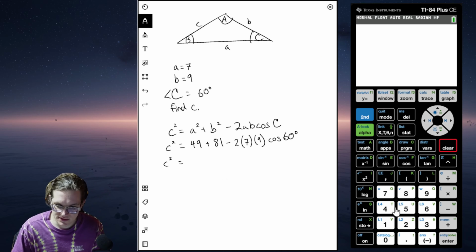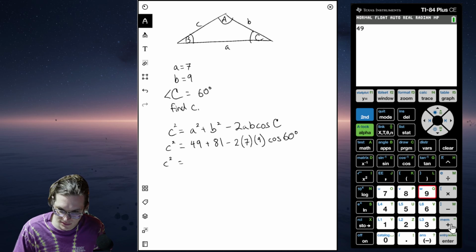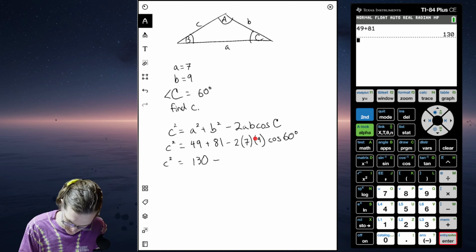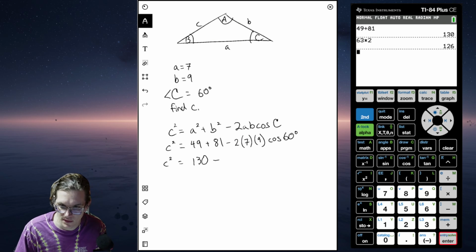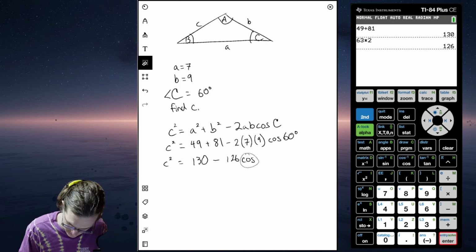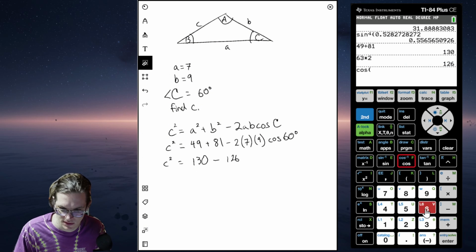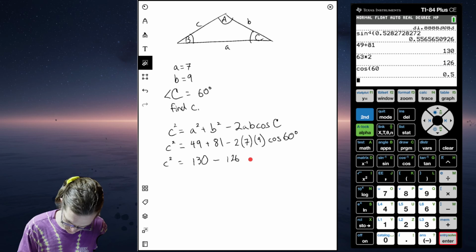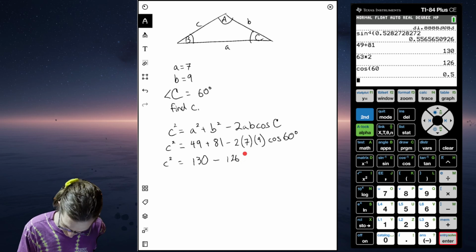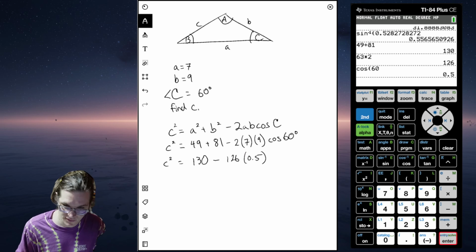So calculator time, we'll do 49 plus 81, 130, minus, that's 63 times 2, 126 times cosine of 60. Cosine of 60 is 1/2, 0.5.